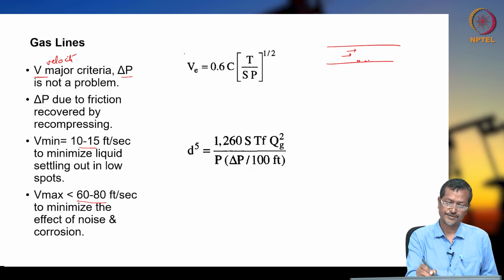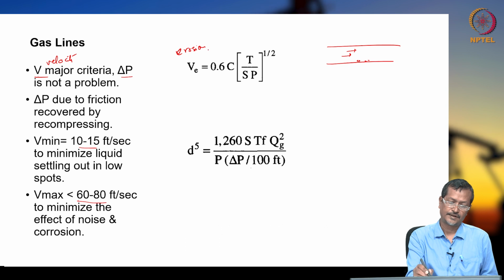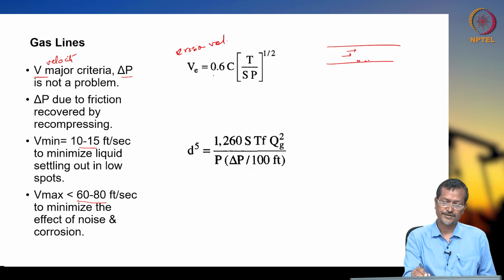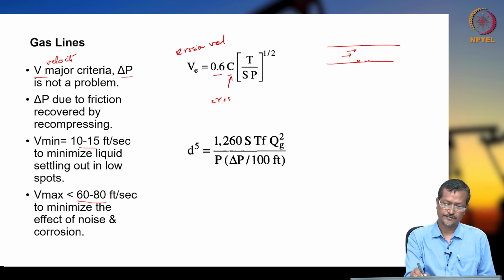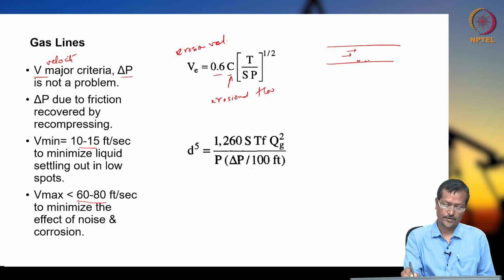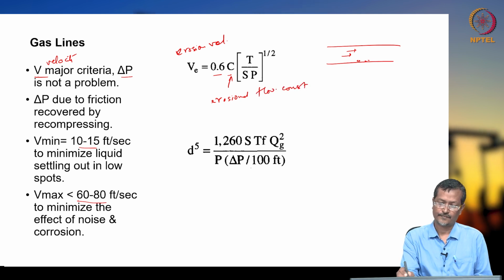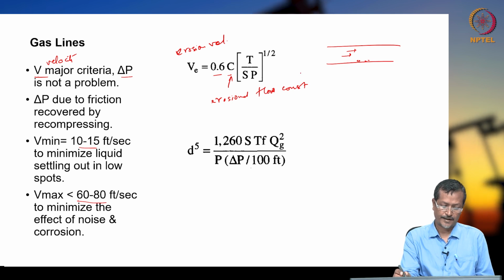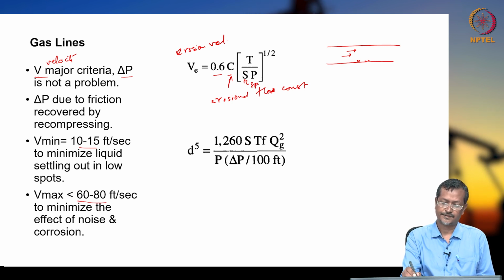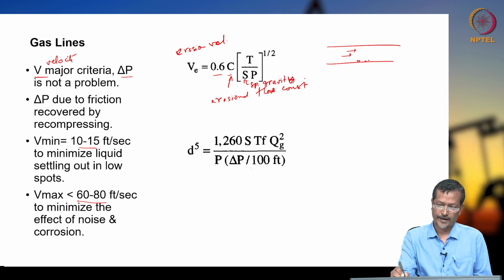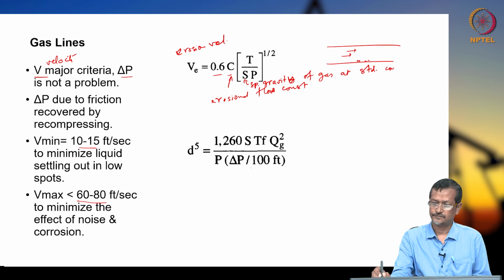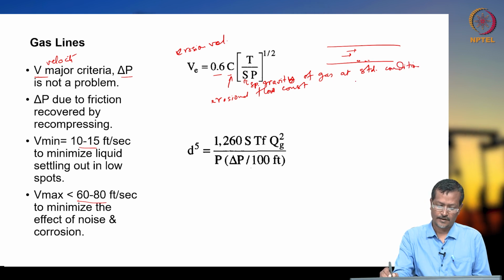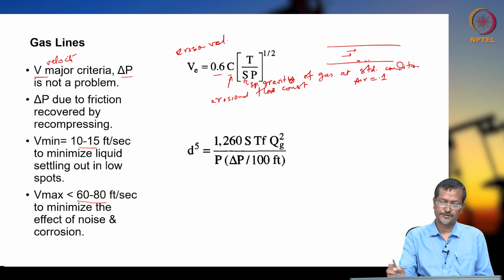So, VE is the erosion velocity, 0.6, C is a constant, the erosional flow constant, and S is the specific gravity of gas at standard condition, where air equals 1.